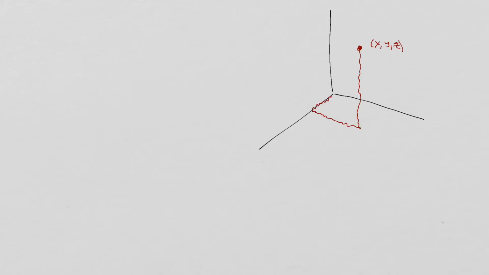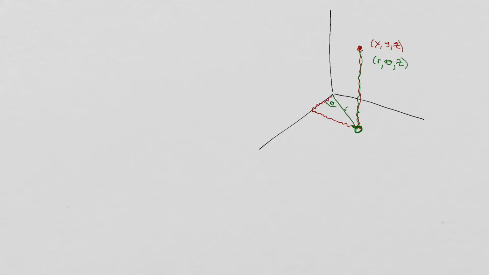What we could do is this. I could get to this point in the xy plane by doing the polar coordinate stuff. I could find this distance r, this angle theta, and then still use this height of z right here. So I could call this point r comma theta comma z. In other words, we're not changing the z variable at all, but we are switching out the x and the y stuff.